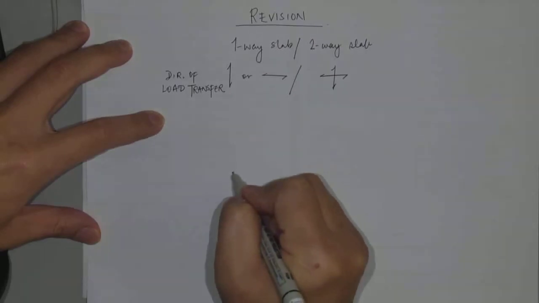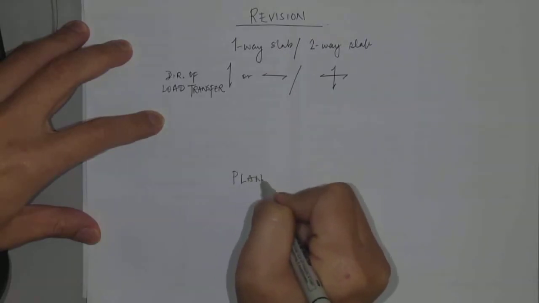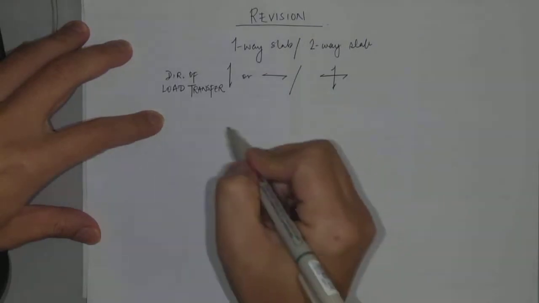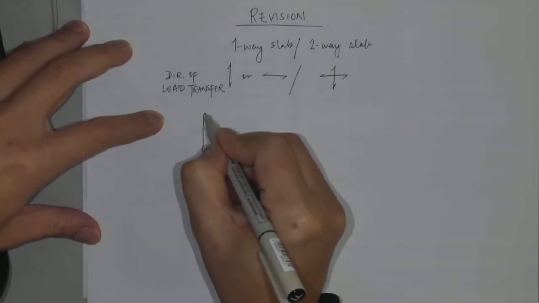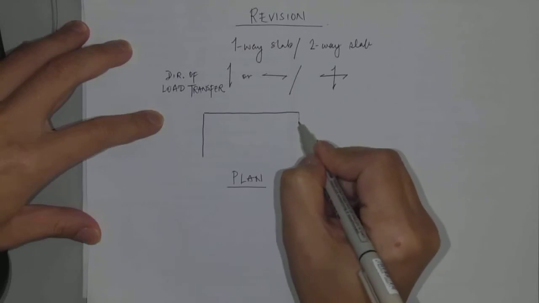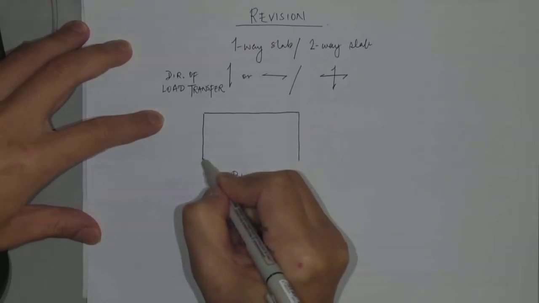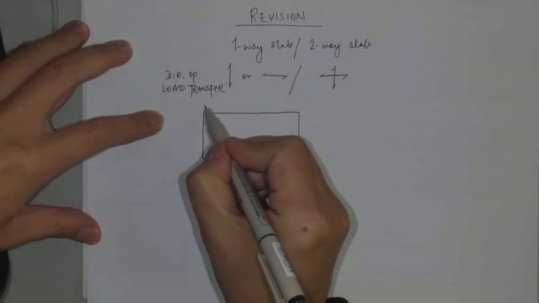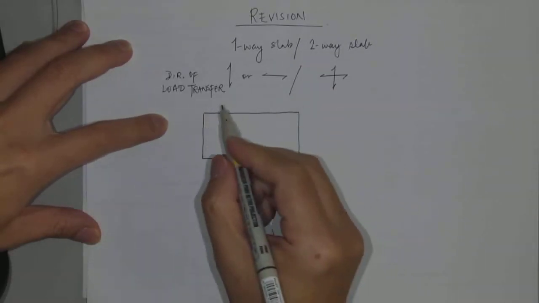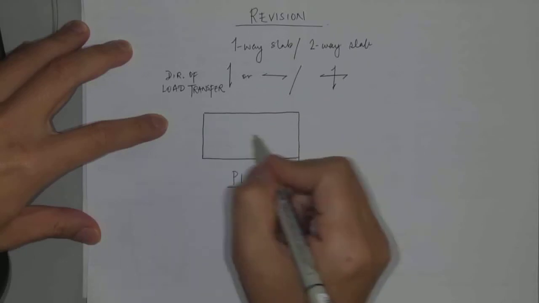So usually you draw the plan of a slab. So for a rectangular slab, let's draw the beam first.